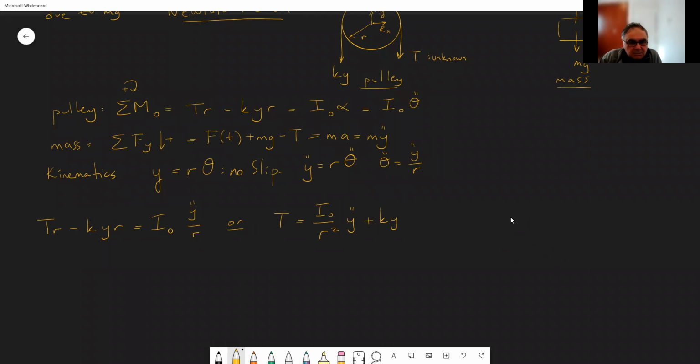We just substitute this into here, minus, this goes to the other side as plus, y double dot plus K1 equals f of t plus mg.